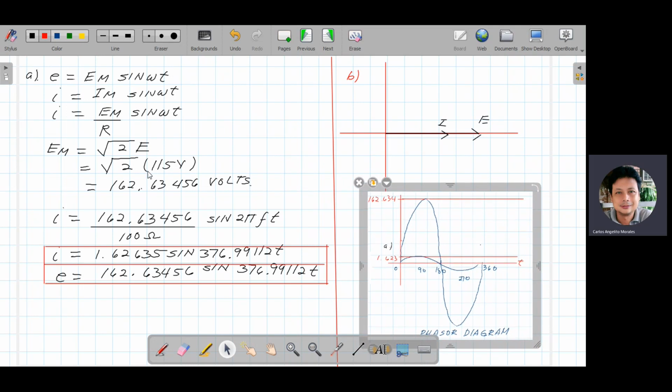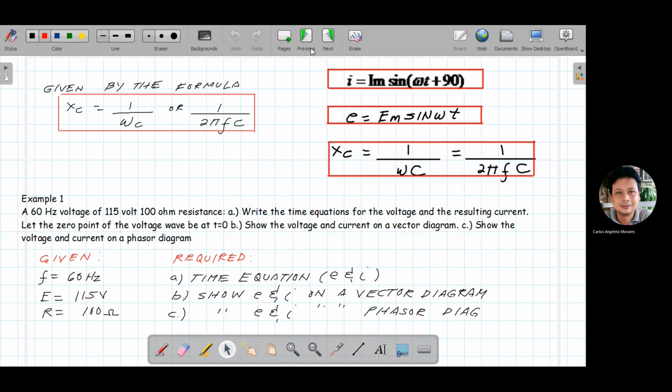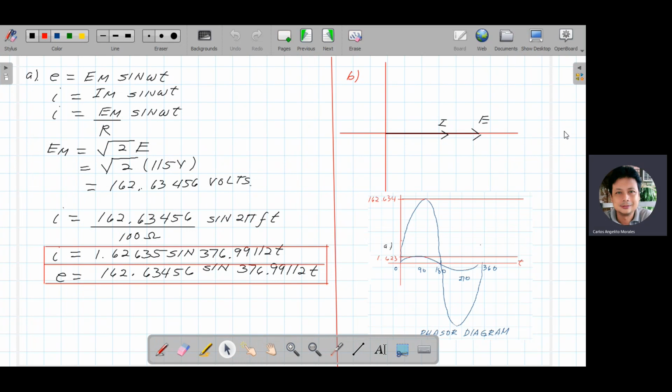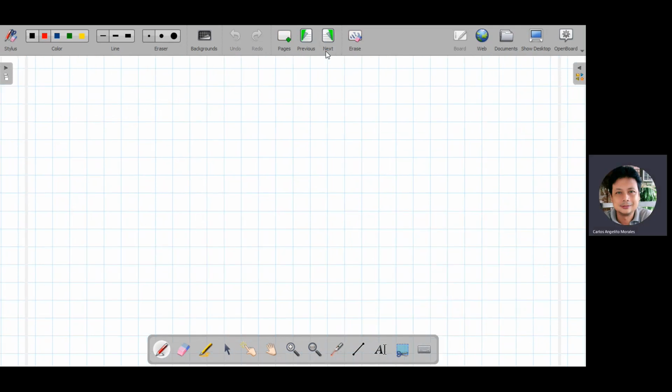Yung letter C, no? Sa given niya. Ayun. Letter C. So, circuit with pure resistance yun.